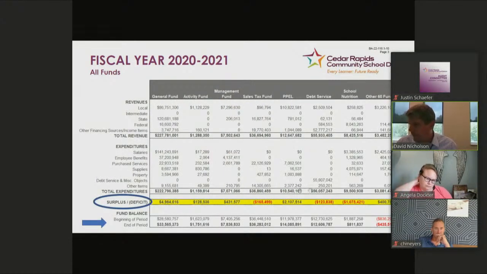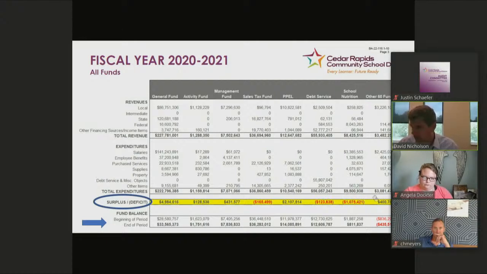By fund, you can see our general fund ended up at 4.9 to the good. Sales tax fund ended up in the hole about 160,000, not in the hole, but we spent more than we brought in. Debt service did the same thing. Our nutrition fund, which is a big issue, has to do with the COVID world that we lived in.